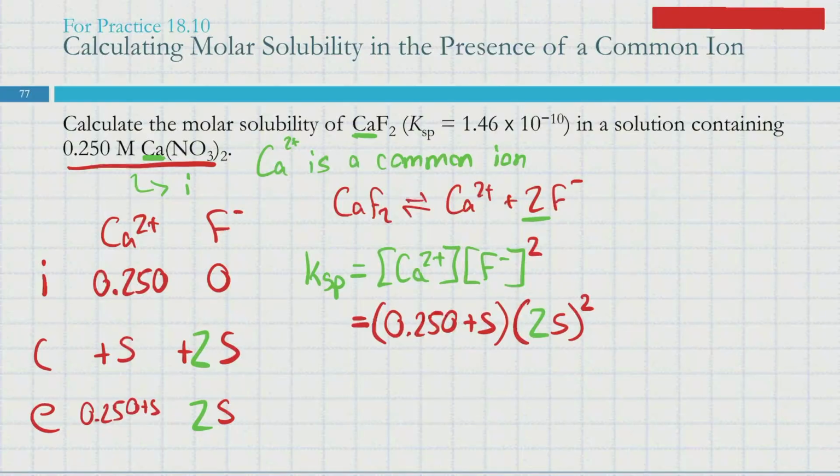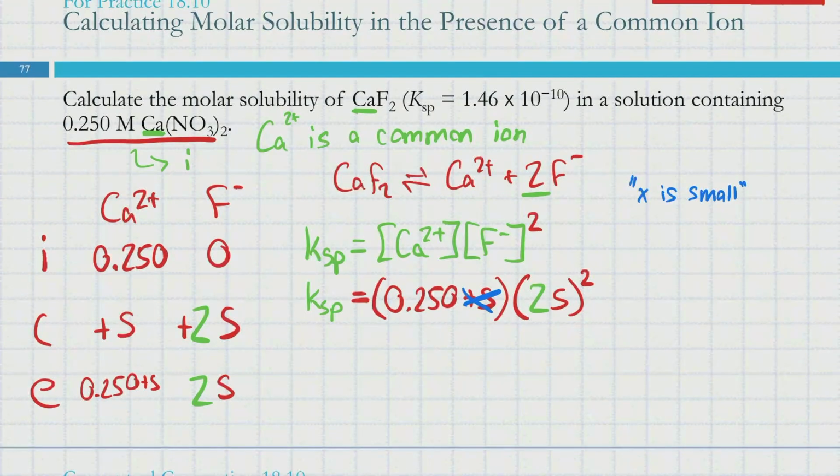You can maybe see that this is going to end up being somewhat of a mess, unless we invoke our old friend, x is small. In this case, it's s is small. It's basically the same thing. We just have a different variable. So we invoke our old friend x is small to get rid of that plus s, and suddenly things look a lot more palatable, a lot more manageable. We don't need to do quadratic's big brother where we have x cubed.